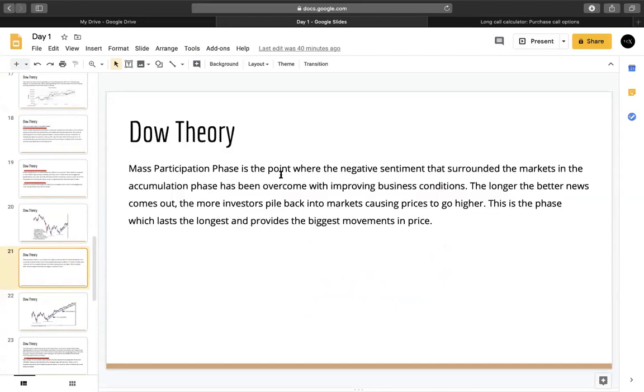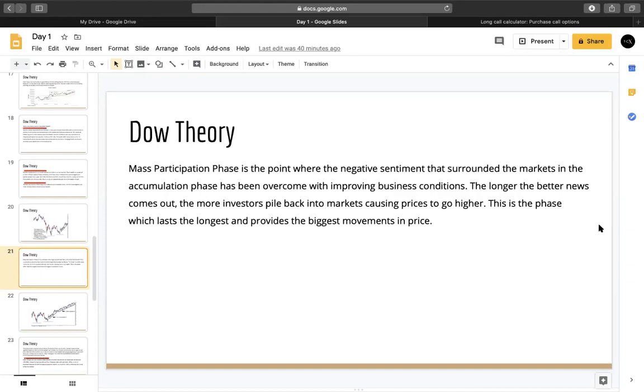Mass participation phase is the point where the negative sentiment that surrounded the markets in the accumulation phase has been overcome with improving business conditions. Did you guys get that part? Mass participation phase. Where are we right now, do you think?